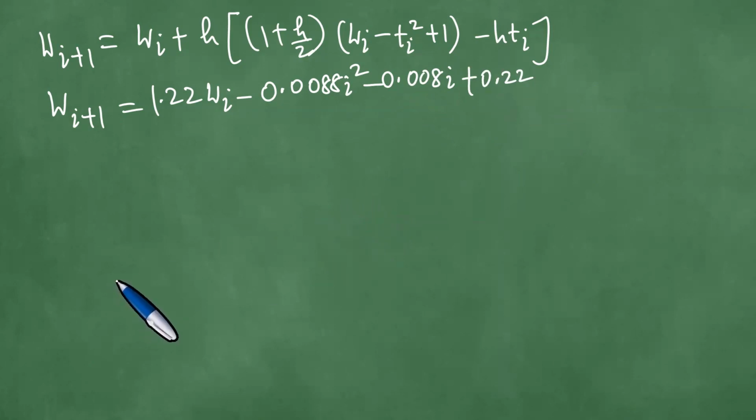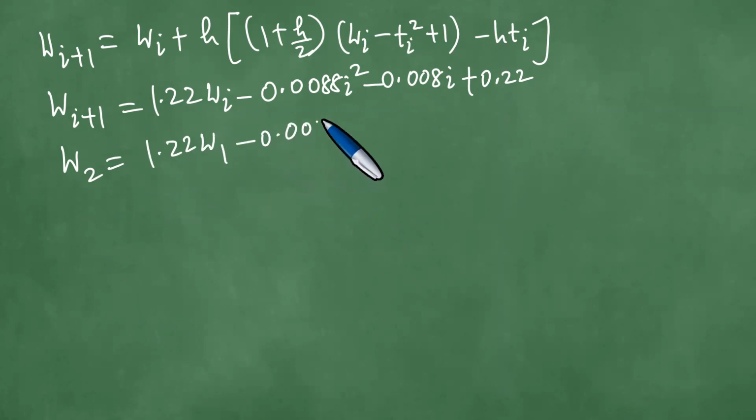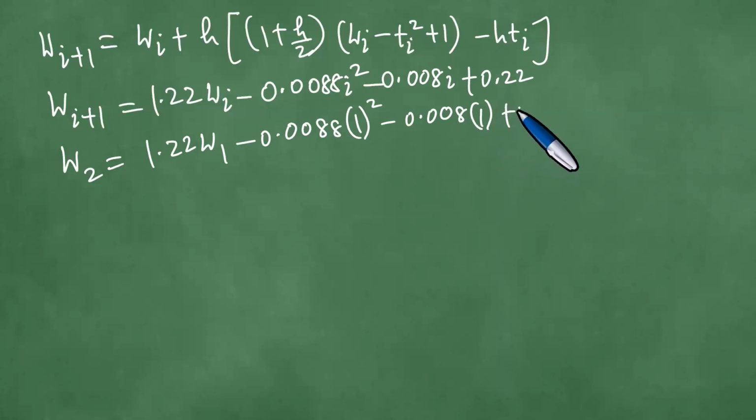We want W2. So 1.22, because i is 1, 0.008. Because i is 1 to get 2 here, so I can put 1 squared. 0.008, you put a 1 here, plus 0.22.